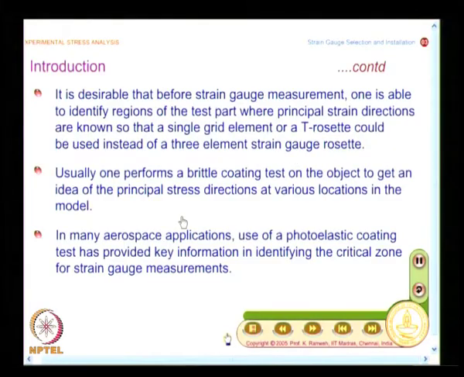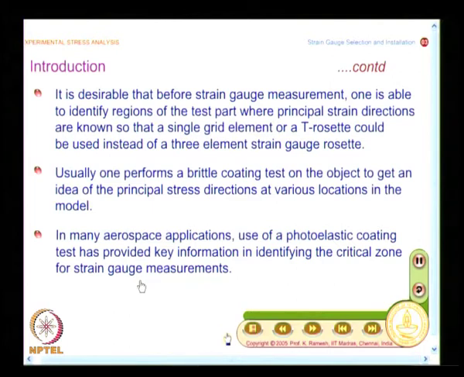so that you are able to utilize your instrumentation system effectively. Another aspect is, strain gauge is a point by point technique, and if you take any one of the optical techniques like photoelastic coatings, that gives you whole field information. When you get the whole field information, the advantage is you have knowledge of the critical zone where you need to make further study using strain gauge measurements.